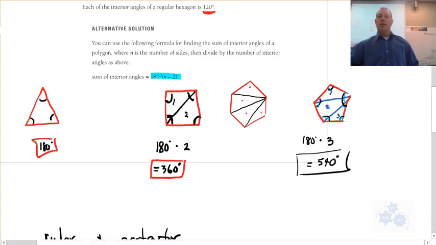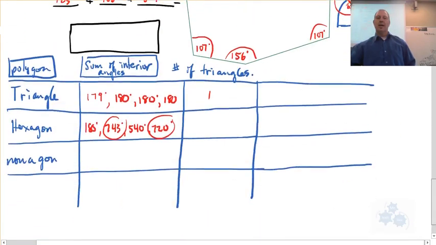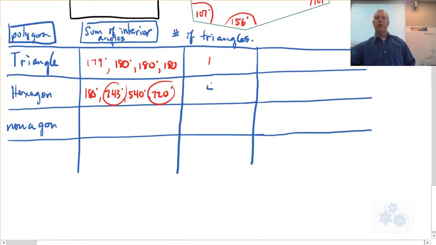Now, if I add up all the angles of these triangles, do you see how they actually add up to all the angles in the hexagon? That's one angle, that's one angle, and so on. So all you need to do is think about it as the number of triangles inside. With a hexagon, we have 4 triangles.